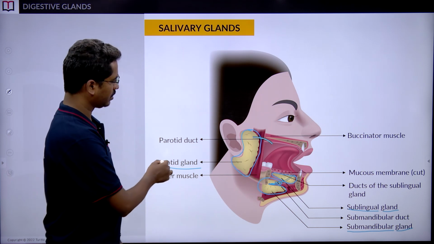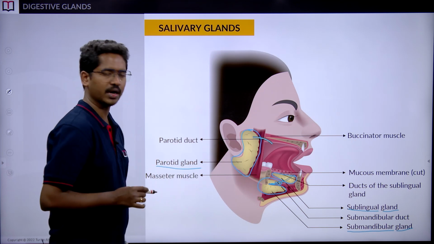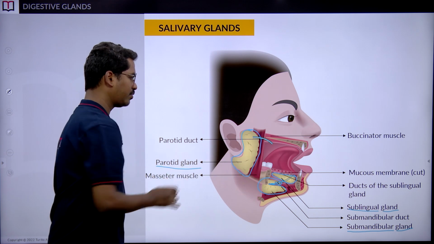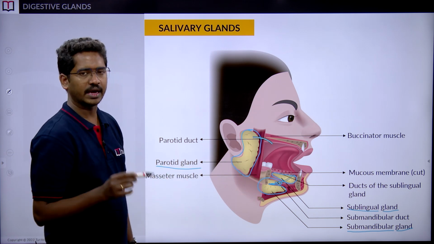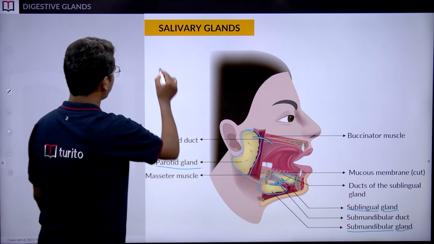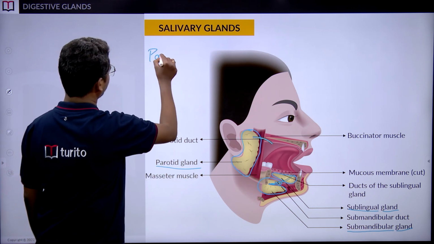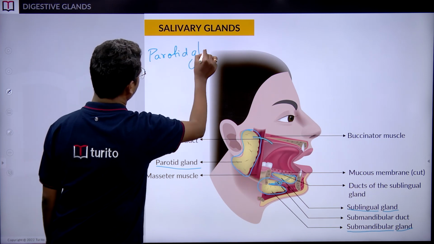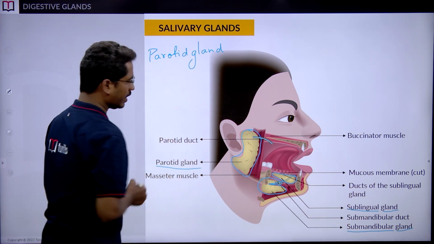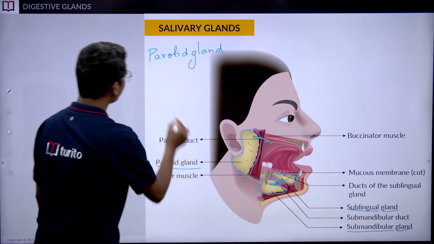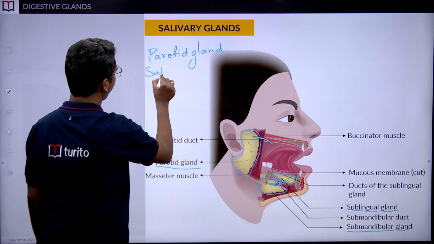That is why I was telling you there are 3 types of salivary glands, and I have shown you their respective locations. It is for that reason they are of 3 different kinds, starting with the parotid gland, which I will write here for you. Next is the sublingual gland.